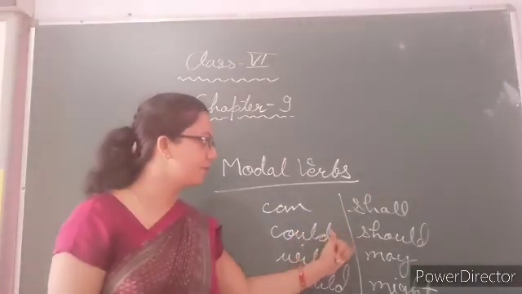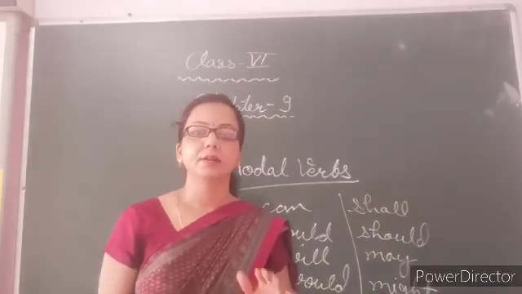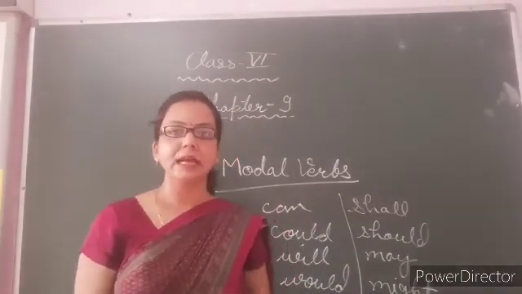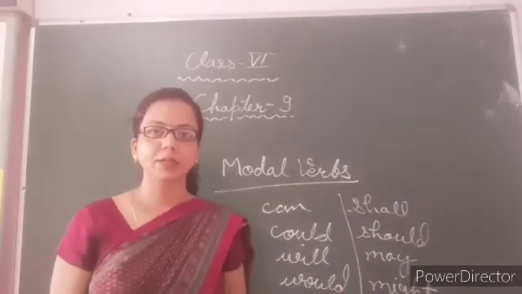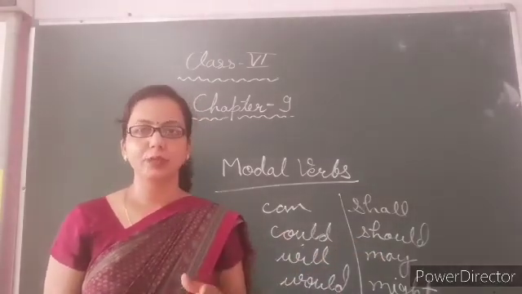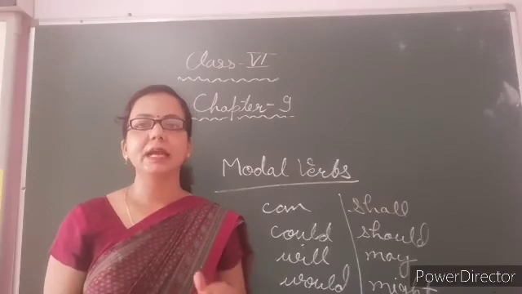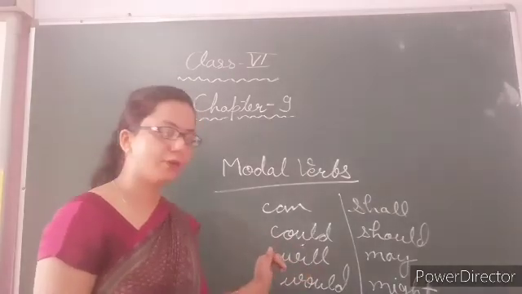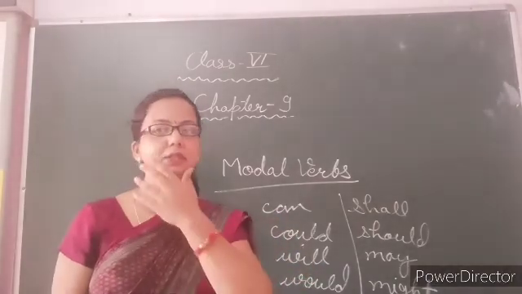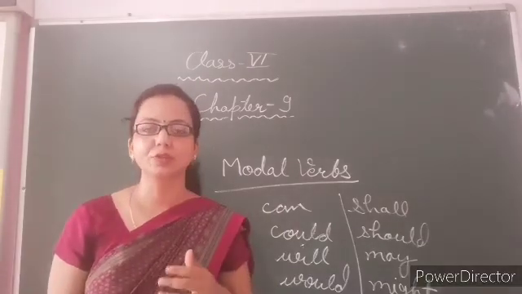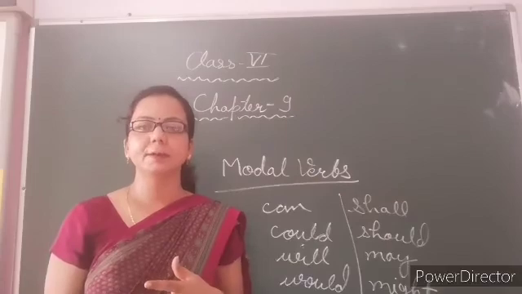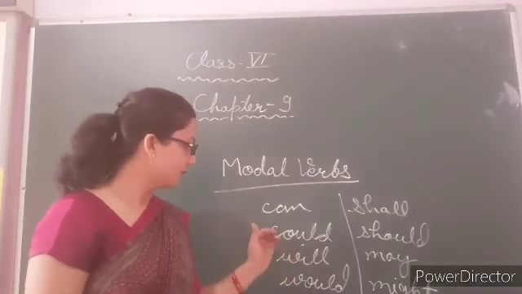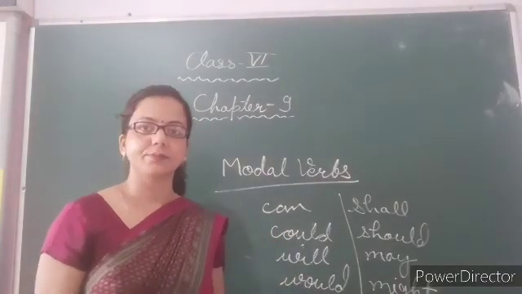Shall, past form is should. But keep in your mind that if could, would, should are showing past form, it doesn't mean that we can use them only in past form. We can use them to show possibilities, to take permission, or to take permission in a very polite manner.